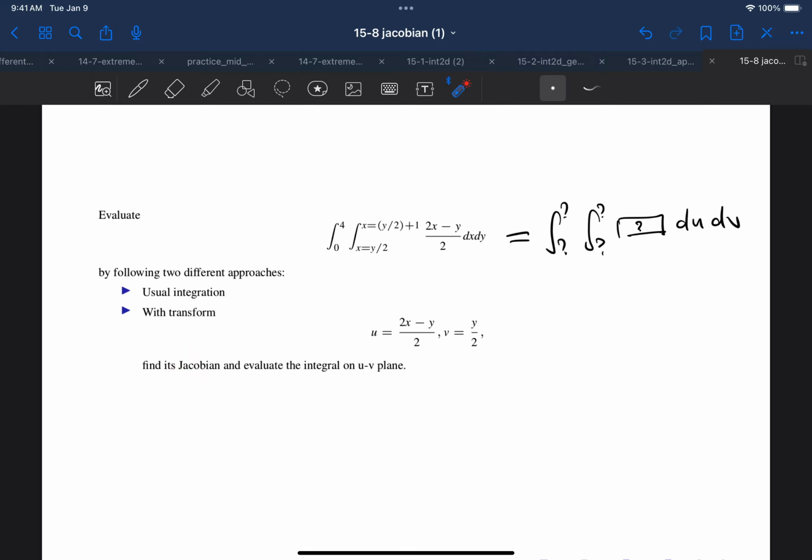So with this in mind, we first look at the usual integration for the problem given here.